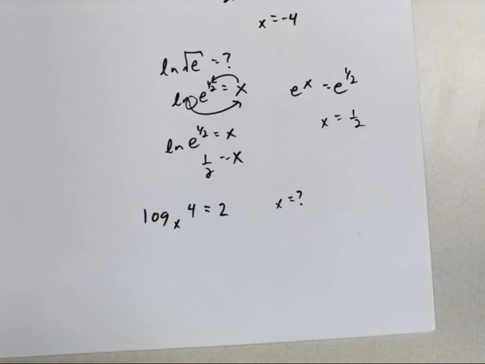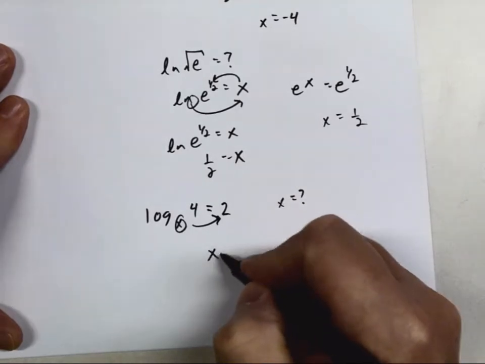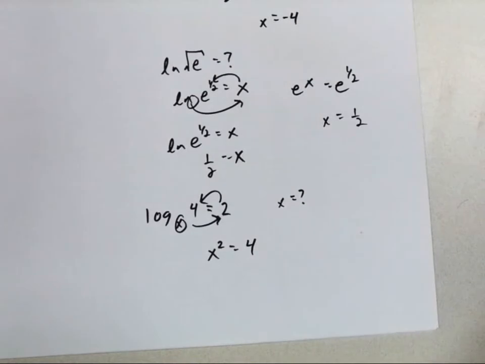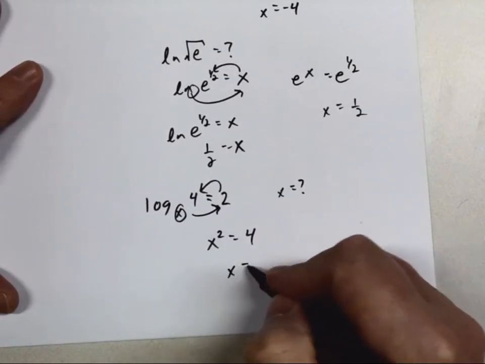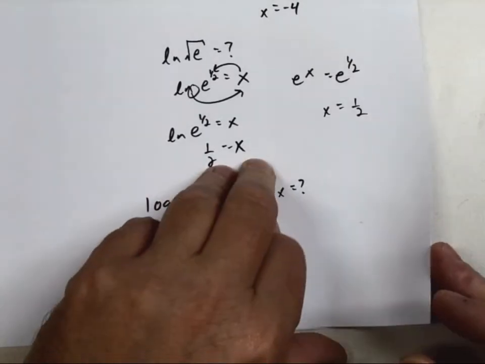Most of the time, in order to solve a log equation, you need to convert the log equation into an exponential equation. That's the way you solve log equations. You convert them into an exponential equation. So here, the circle method says x squared equals 4. Now you can look at that and say, well, what do you have to square to equal 4? 2. We solved the equation.